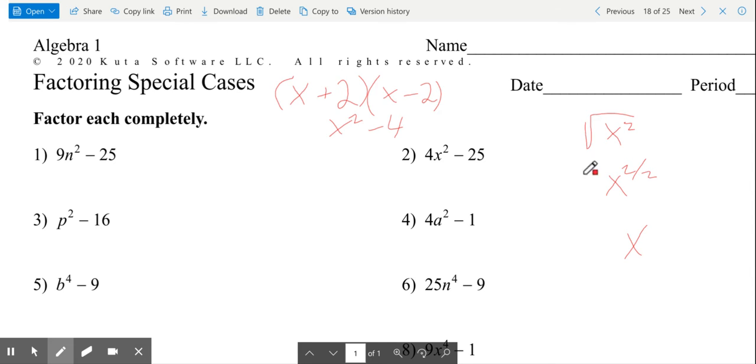So whenever we have something in a square root, we can just divide the exponent by 2. So in this case, we just get x.